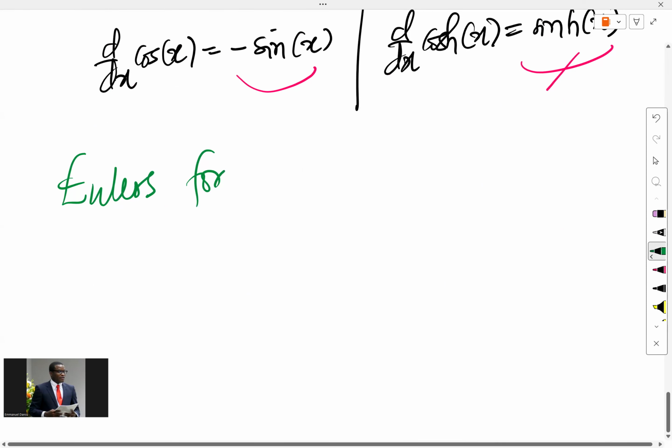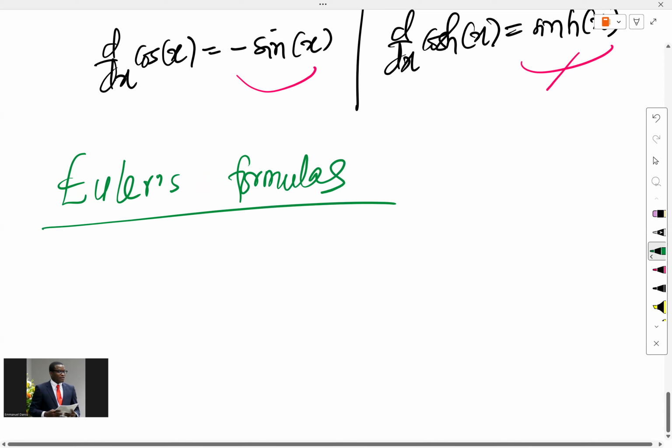How do trigonometric and hyperbolic functions relate when we talk about Euler's formulas? Let me write that properly for clarity. I think it's a German name, so the Germans would rather call it Euler or something like that.